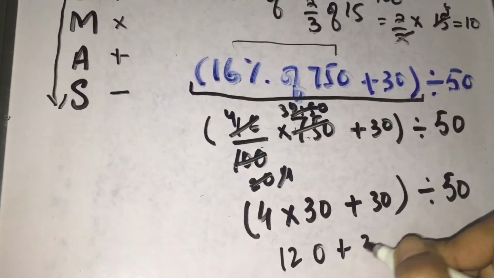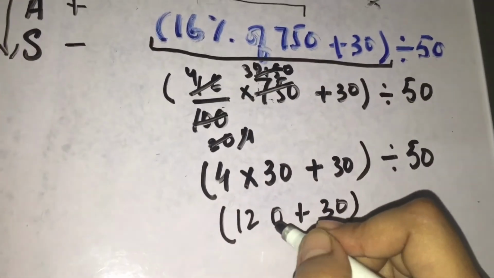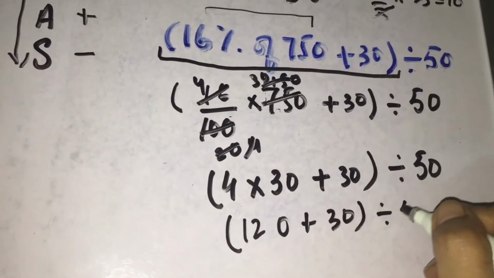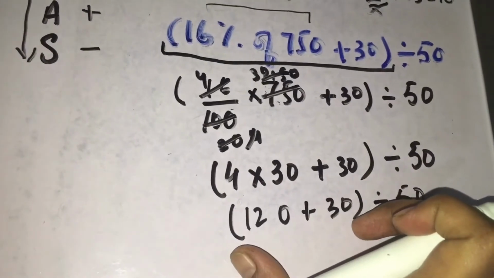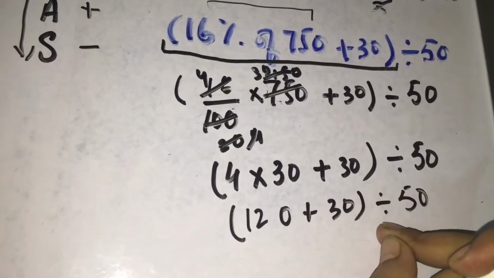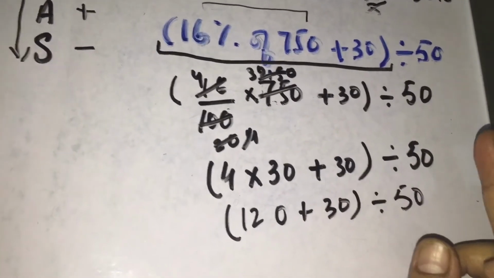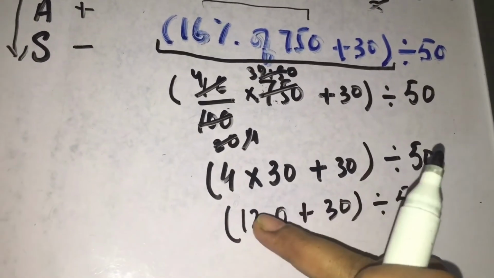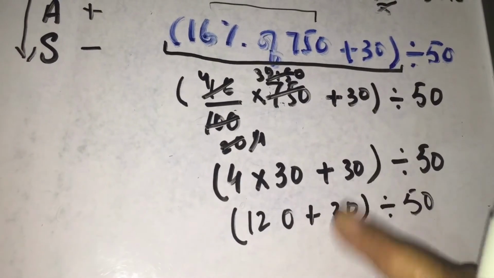120 plus 30. Now inside the bracket what is written? 120 plus 30, and outside it is divided by 50. Which operation will be carried out? Because it is inside the bracket, the bracket will be solved first. Although there is division in this expression, we will not divide first, because we solve operations inside the bracket first.